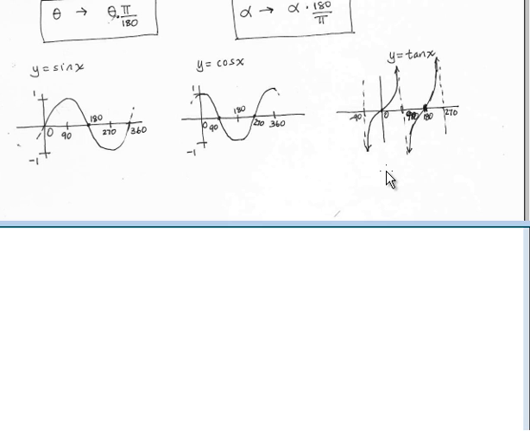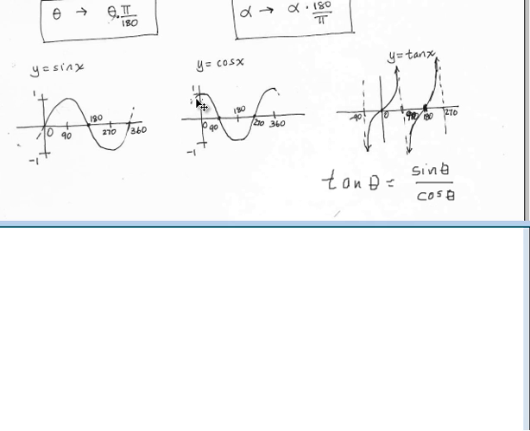Now, look at y equals tangent x. Remember that tan x, or tan theta, is equal to sine theta over cos theta. So whenever cosine of theta is 0, we have a vertical asymptote, because the denominator is 0.